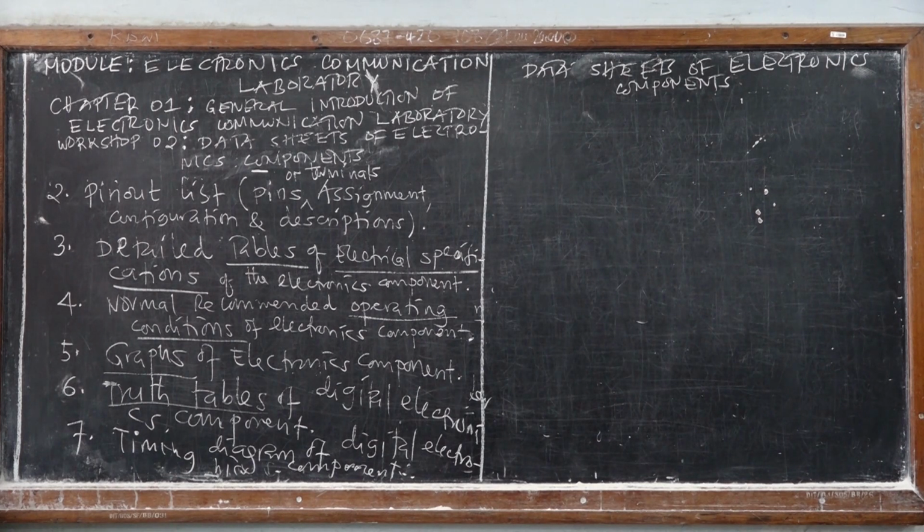Number 1, let's say it has a low forward voltage. Number 2, maybe it can operate with low current. Number 3, it can work at temperatures up to 150 degrees centigrade. Those are what we call features, but there are no numbers in case of features.